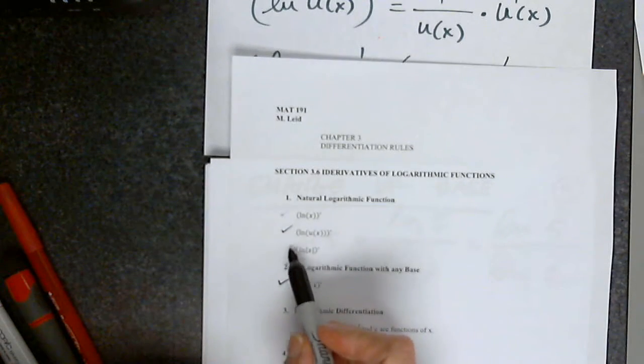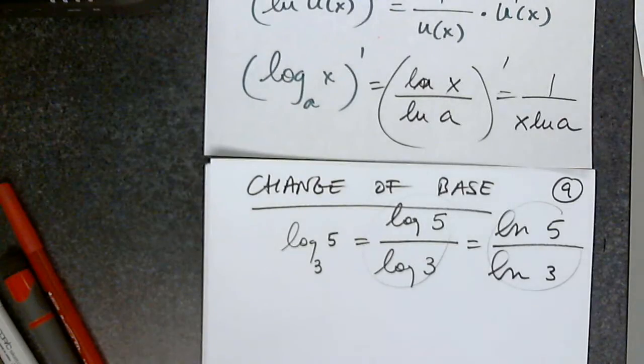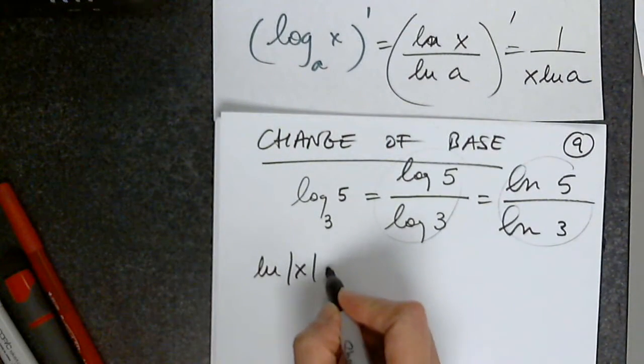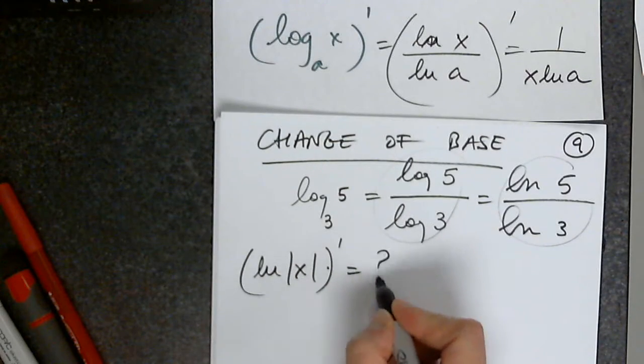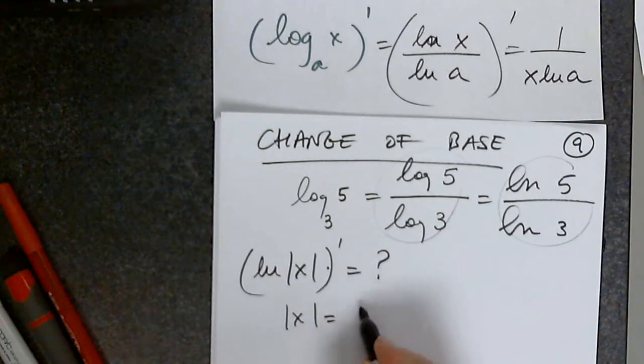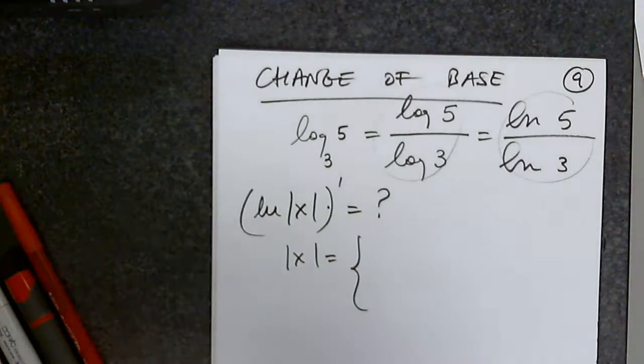Now I would like to talk about this one. So let's take a look. Natural log of the absolute value of x prime. Let's start with the absolute value of x. Can anyone tell us the options for the absolute value of x?